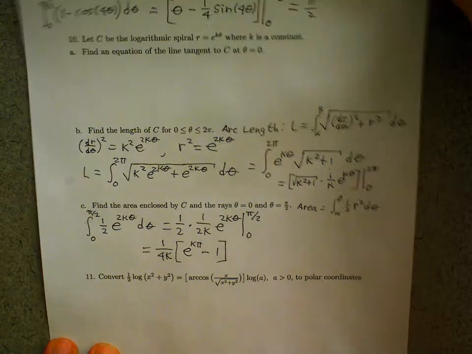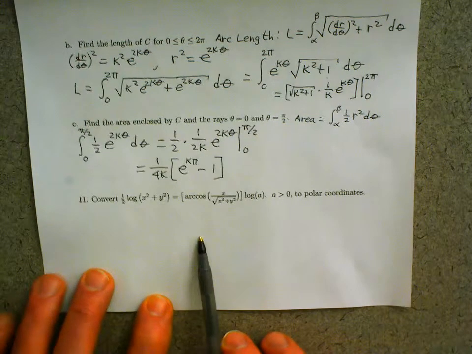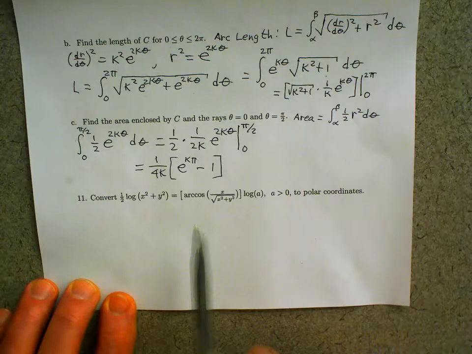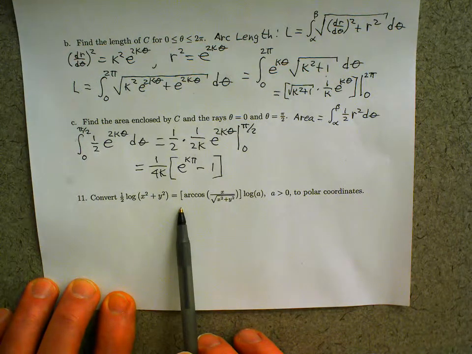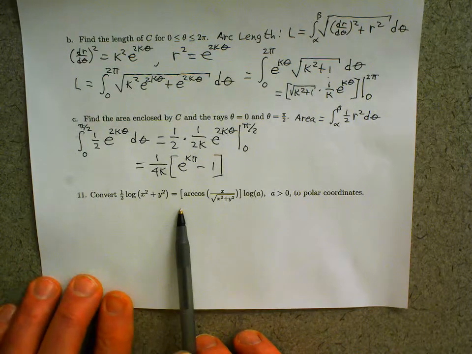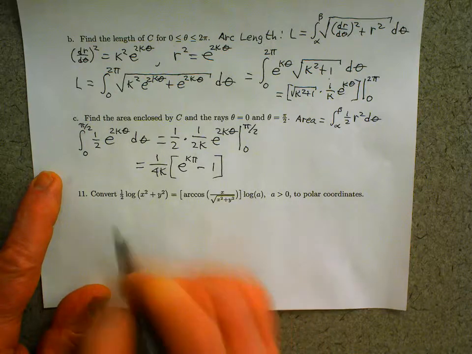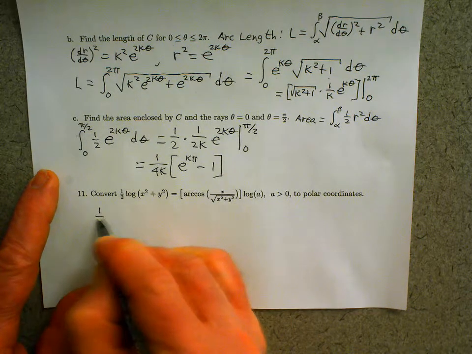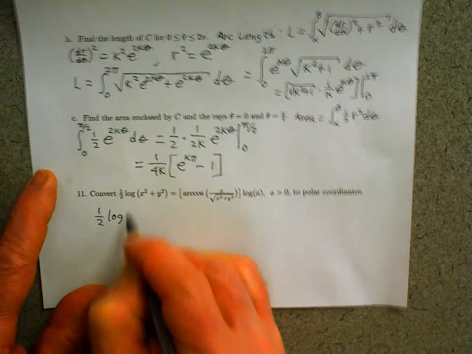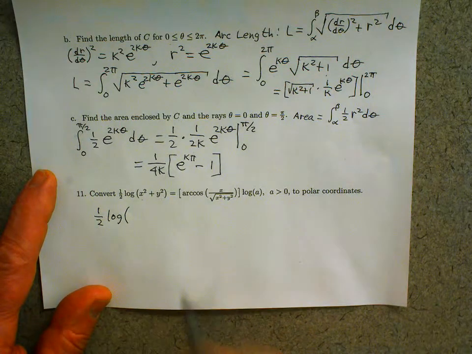Okay, the next problem, we're just going to convert this equation into polar coordinates. So on the left, start with 1/2 times the logarithm. Replace x squared plus y squared with r squared.